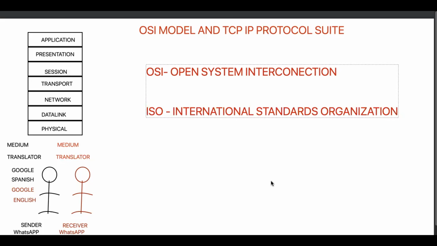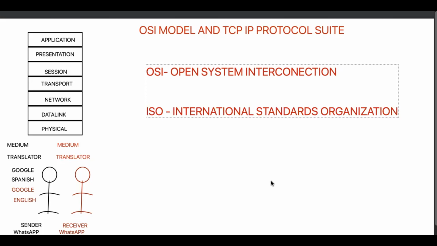Let me bring up a quick summary of what I've explained in the past few minutes. The OSI model helps us to understand data communication across the network. It helps us to have a common understanding of how a network functions.